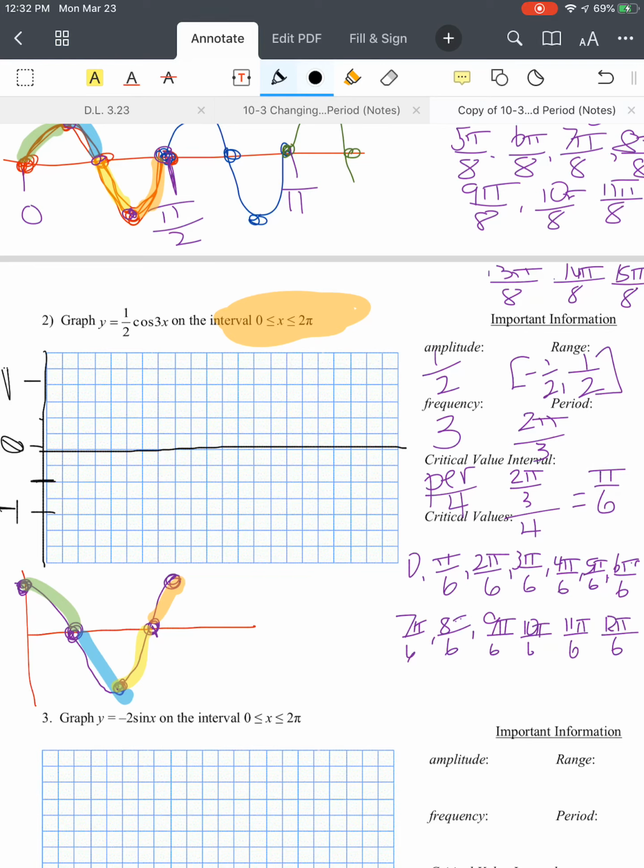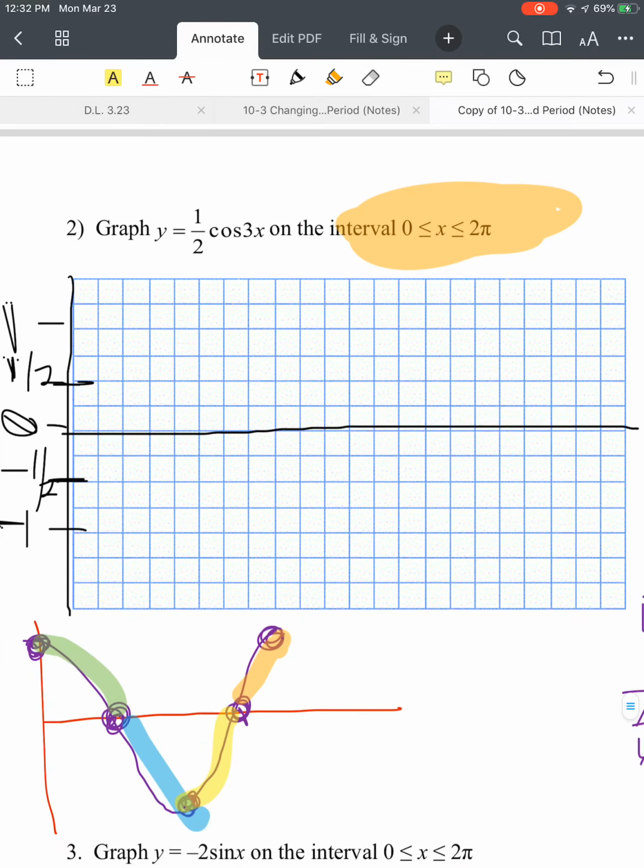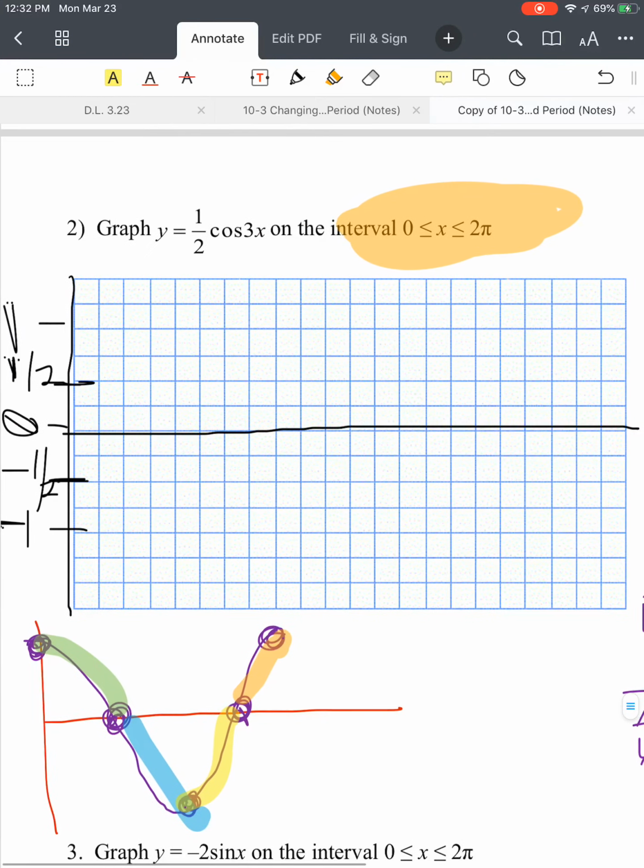And that would be negative a half, and that would be a half.